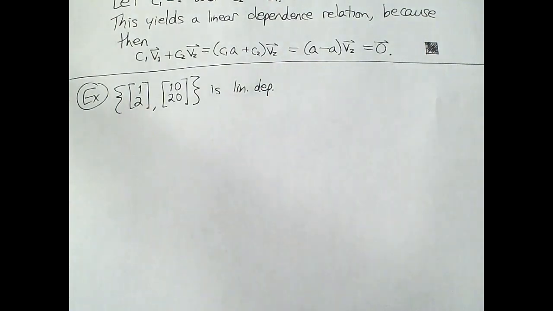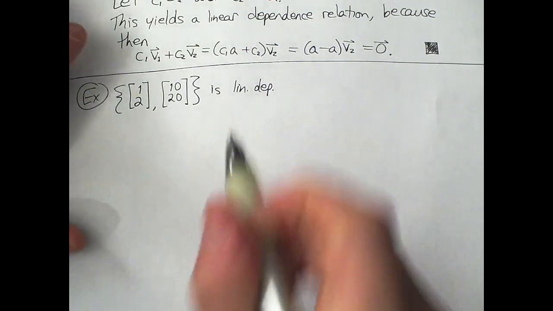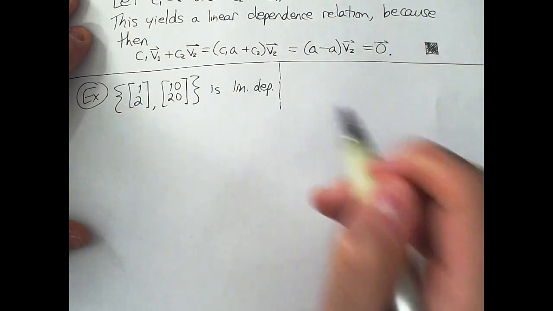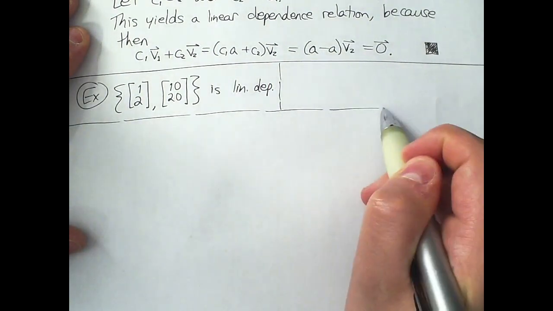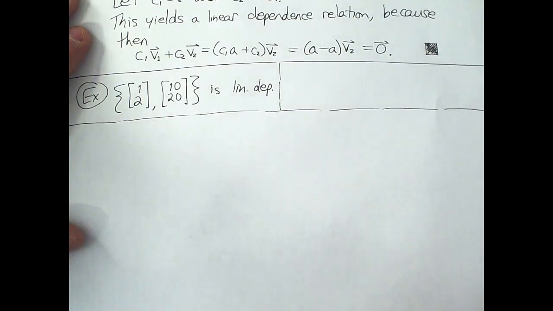We could write more explanation, but let's just say this set is linearly dependent because one of the vectors is a multiple of the other. You agree with that? So one of those is definitely a multiple of the other. That saves us some work. We didn't have to set up a system and solve it.